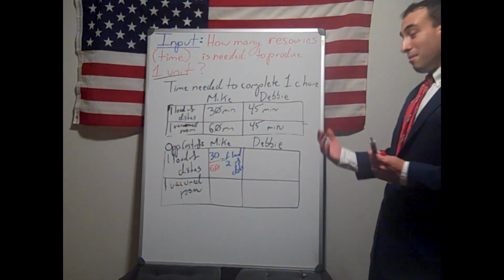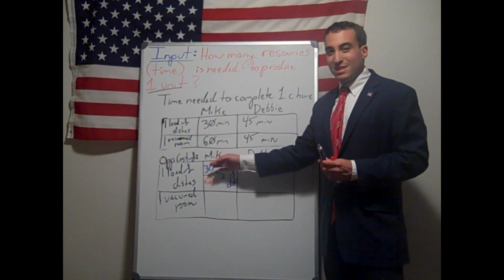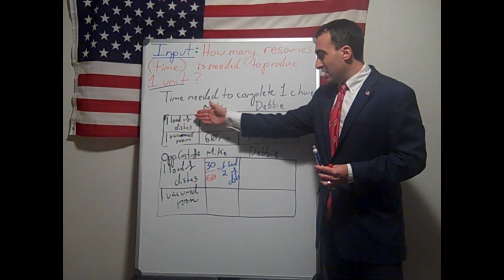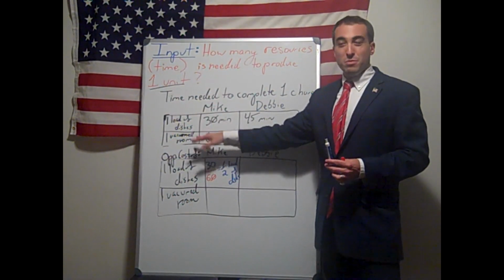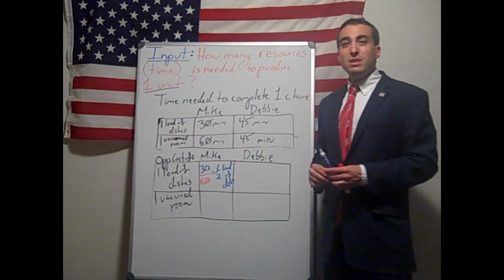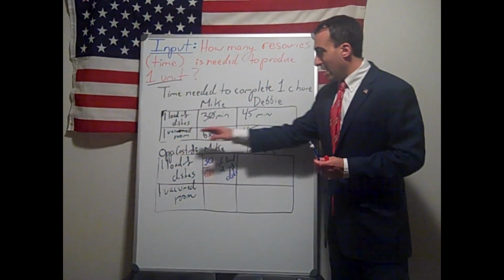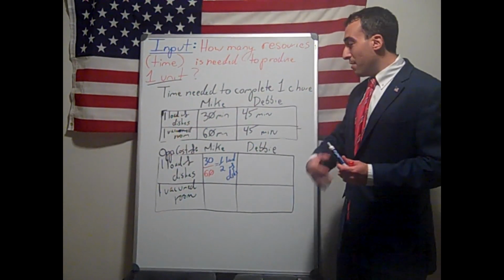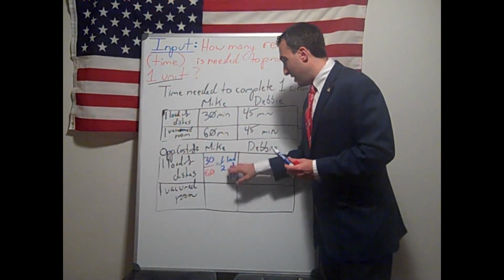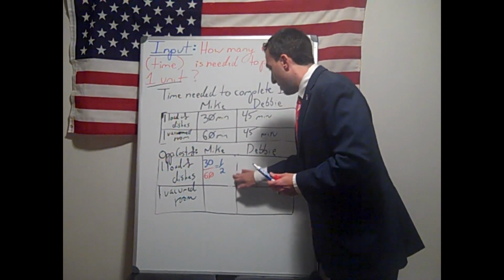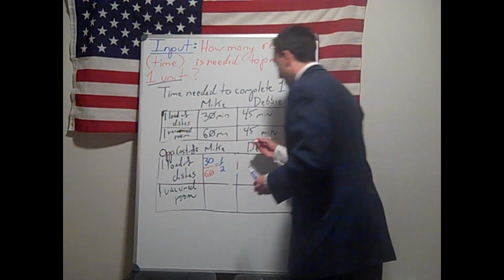Which mathematically makes sense. In the 30 minutes that he could do the dishes, he could have done half a room of vacuum, half a vacuum room in 60 minutes. So we would say the opportunity cost of one load of dishes is 1/2 a vacuum room.